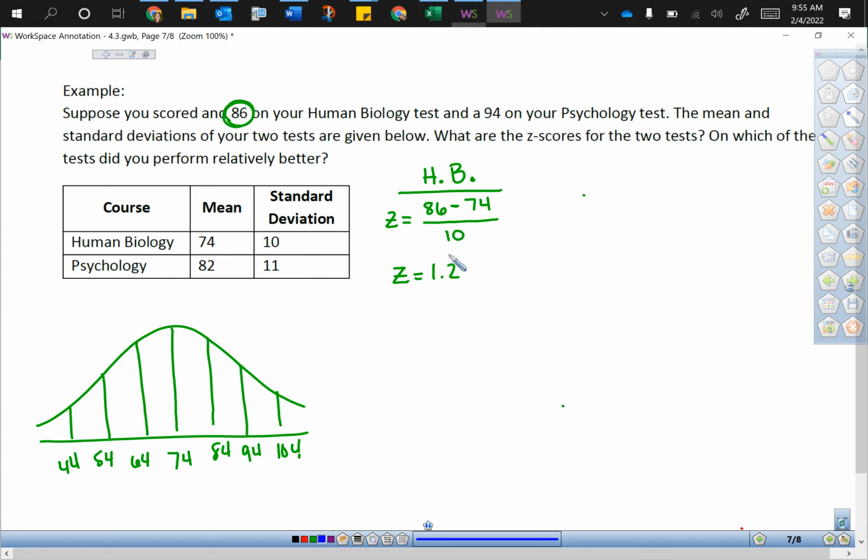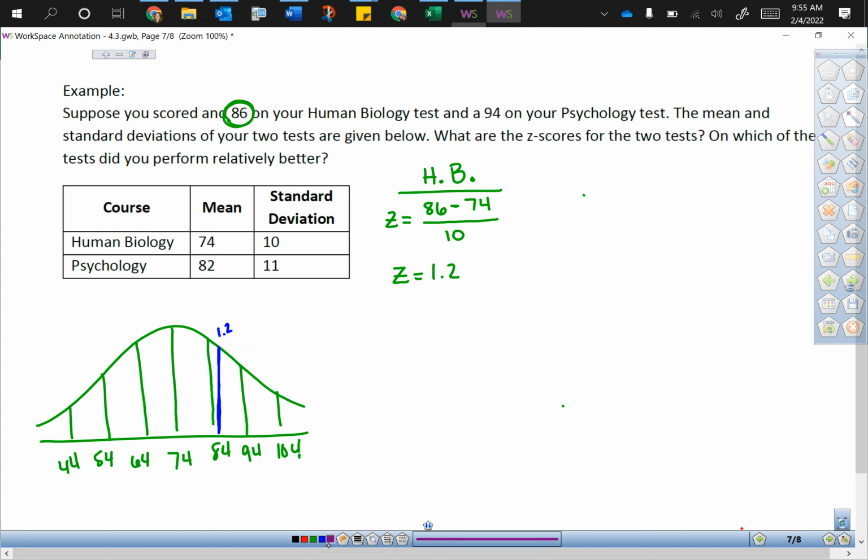And it says how far you are away from the class average. This means you scored 1.2 standard deviations above the class average. So one standard deviation is 84. You scored above that. This would be 1.2. So you scored a z-score of 1.2, standard deviations above the mean. Are you guys okay with that? That's what a z-score does.